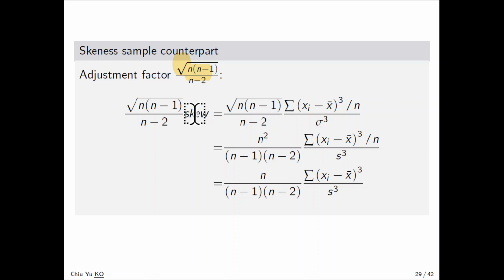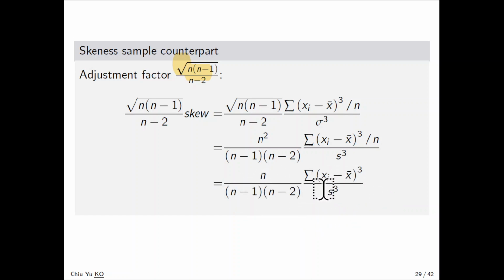You try to transform it. We can multiply this, and this gives you this fraction times this, because this is the definition of this. Then we replace this with the sample version, and this will be an estimate of the sample skewness.